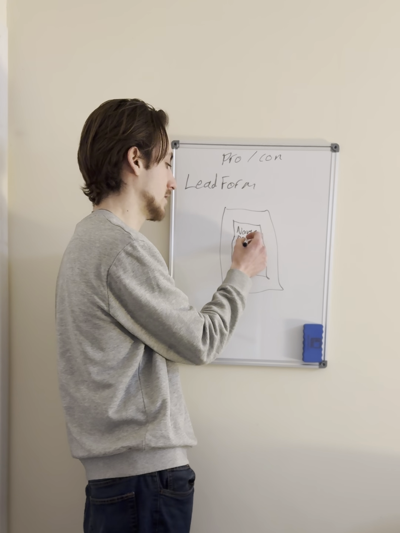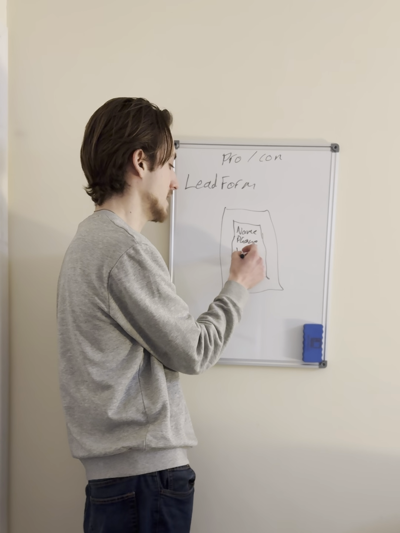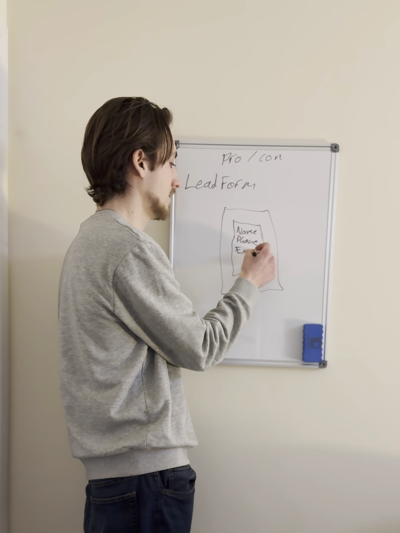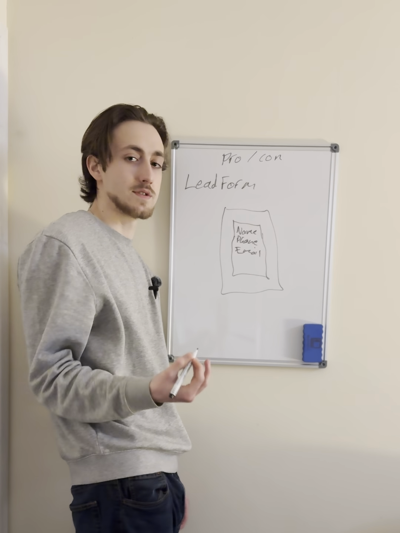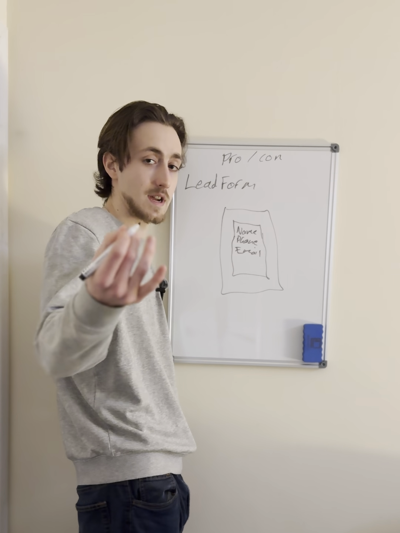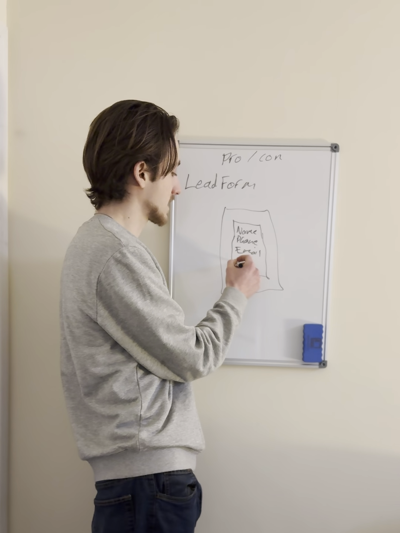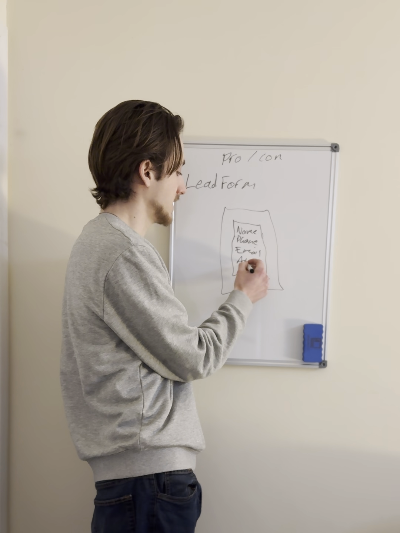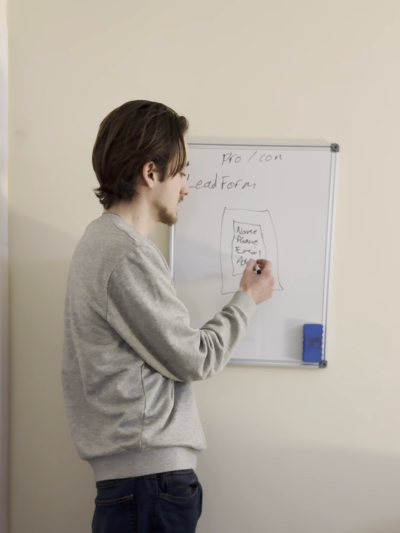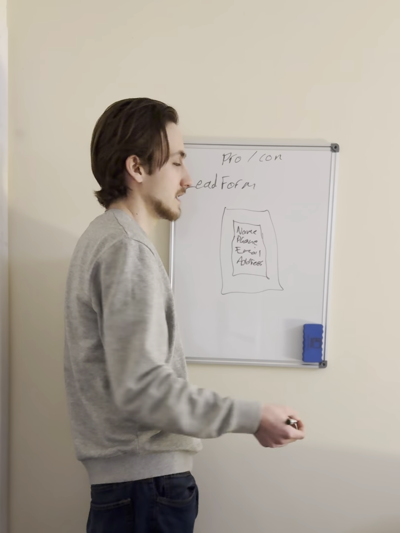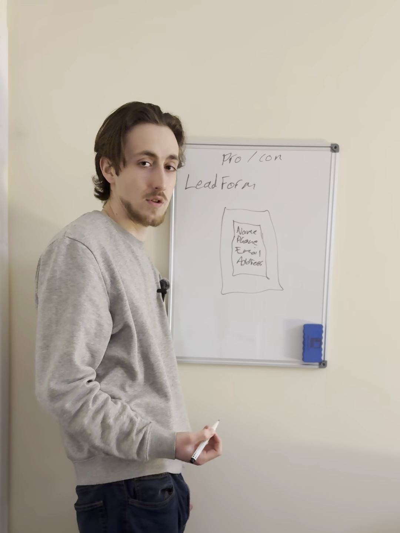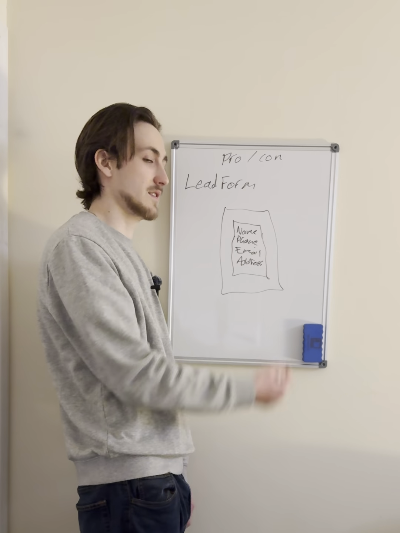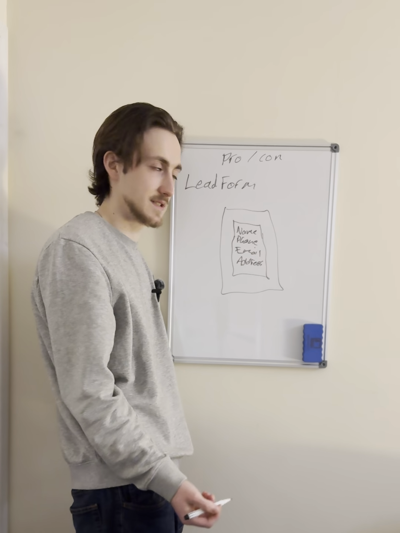Phone, what's their phone number? What's their email? Now, obviously, because you're a tradie and because you need to actually go on site to do a quotation and to carry out the work, you can also ask address. This just saves you the hassle of having to ask that on the phone, and it saves any kind of miscommunication, any mistakes.